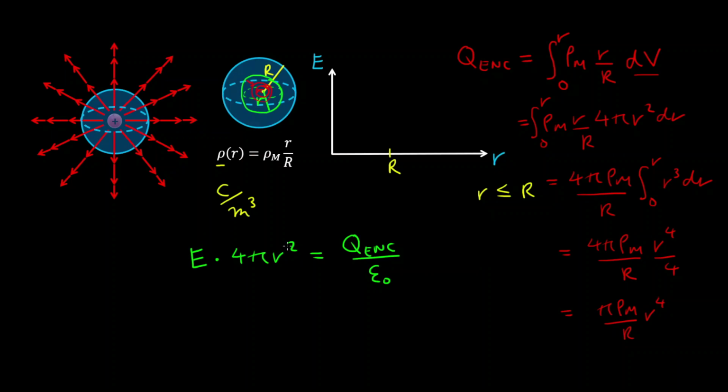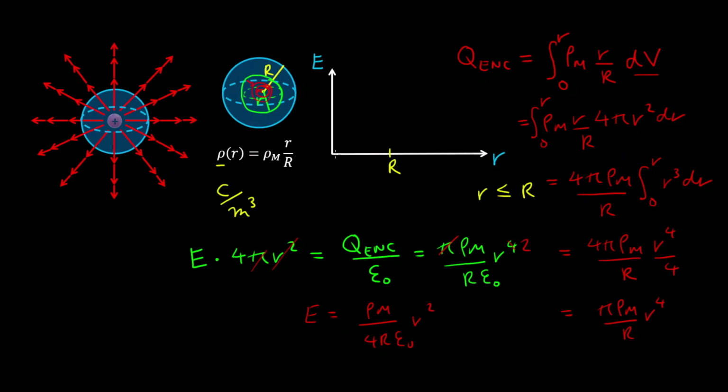And now we can substitute this into this equation. So the charge enclosed is pi rho m on R by r to the 4, and we divide by the permittivity of free space. We can cancel out pi, and we can cancel out r squared. And therefore the electric field is going to be equal to rho m on 4 R epsilon naught by r squared.